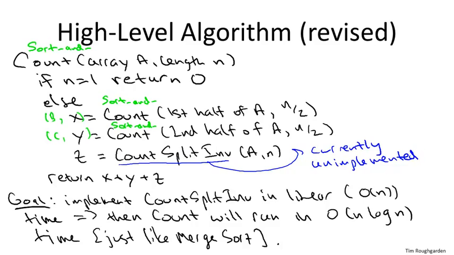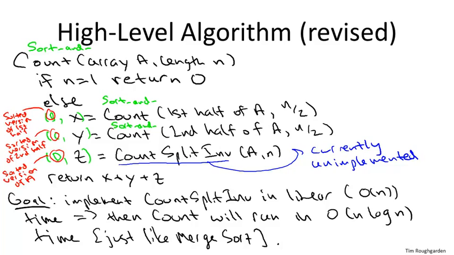And now CountSplitInv, in addition to counting split inversions, is responsible for merging the two sorted subarrays B and C. So it will be responsible for outputting an array D, which is a sorted version of the original input array A. And so I should also rename our unimplemented subroutine to reflect its now more ambitious agenda. So we'll call this MergeAndCountSplitInv.